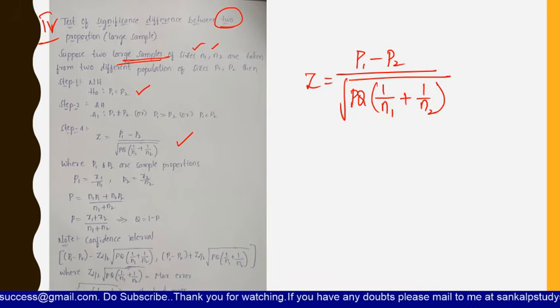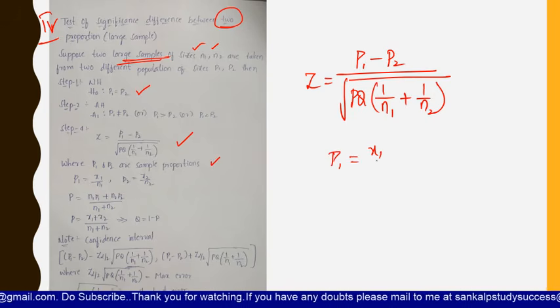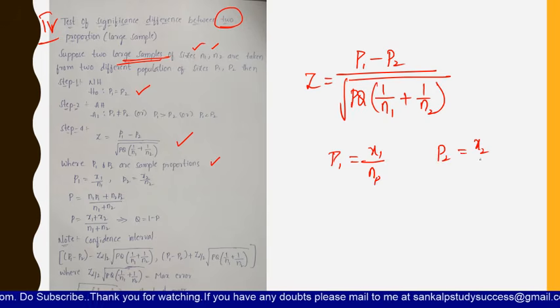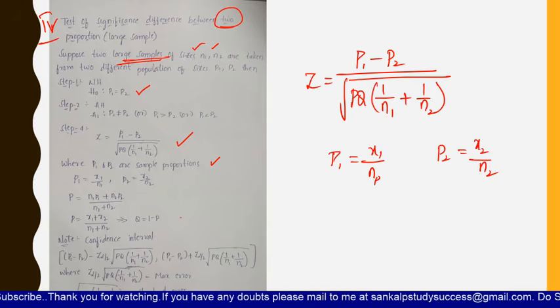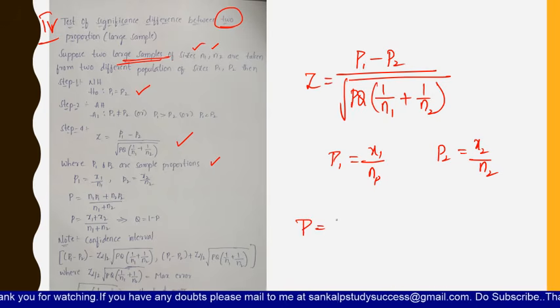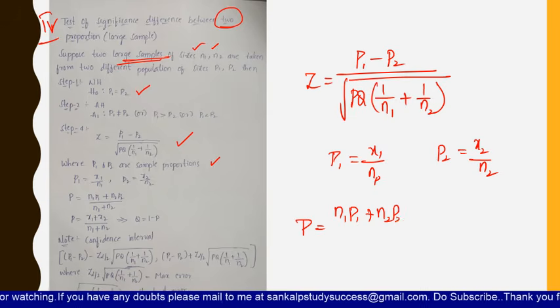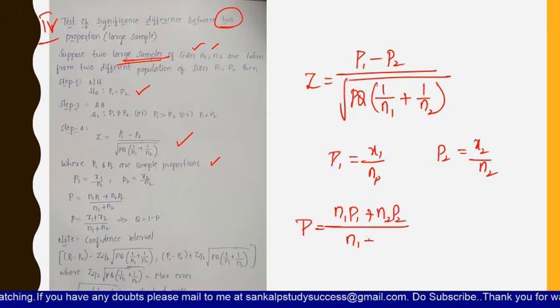P1 and P2 are the sample proportions. P1 is x1 by n1 and P2 is equal to x2 by n2. So here we have P1 and P2, and in this case we are also going to solve for capital P, which is n1 P1 plus n2 P2 divided by n1 plus n2.